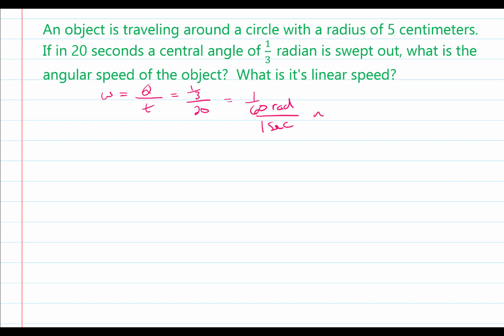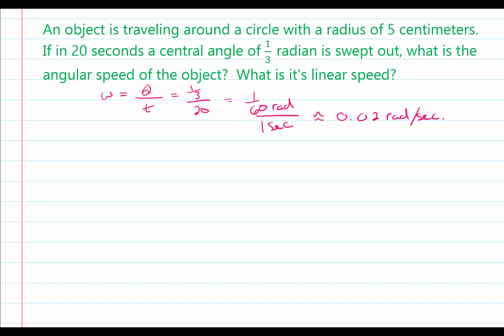If I wanted to calculate this as a decimal, rounded to two decimal places, I would get 0.02 radians per second. So in exact form, it's 1/60th of a radian per second, and the decimal would be 0.02 radians per second.